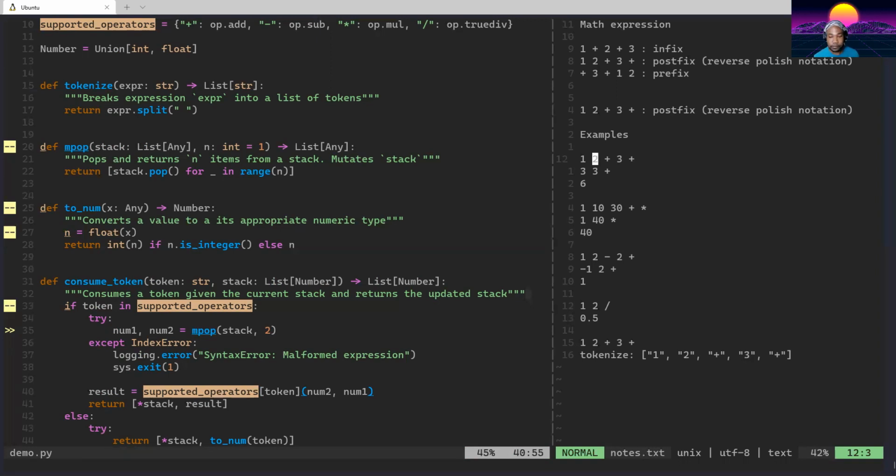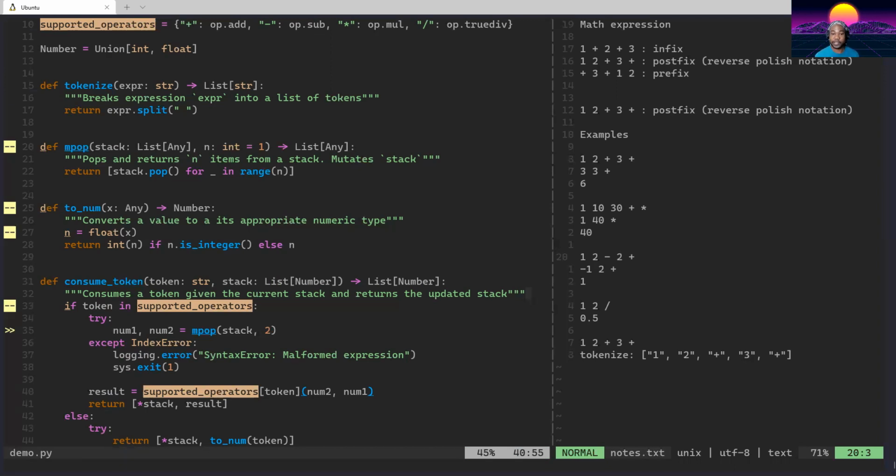My bad. But what we want to be cognizant of is that the order of these matters for the subtract and the division. They don't matter for the plus and the multiplication.